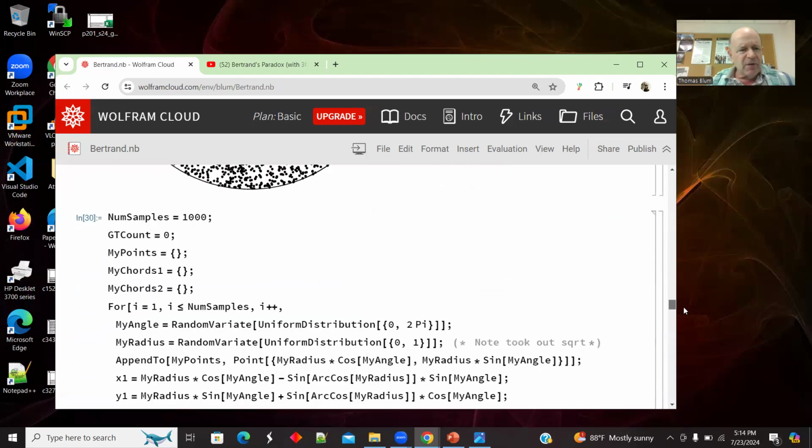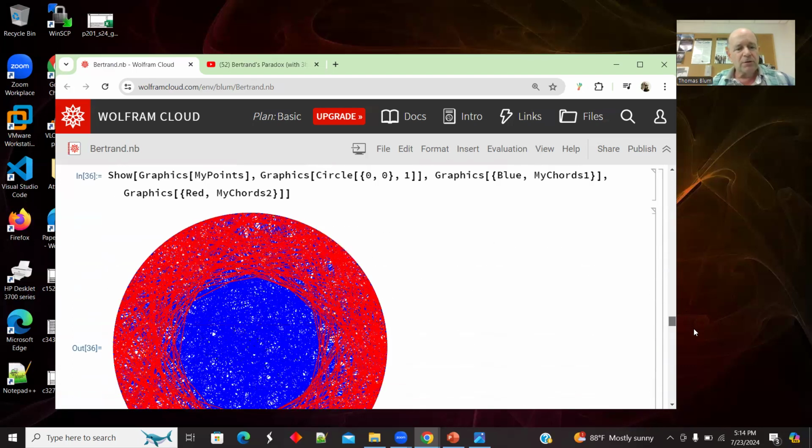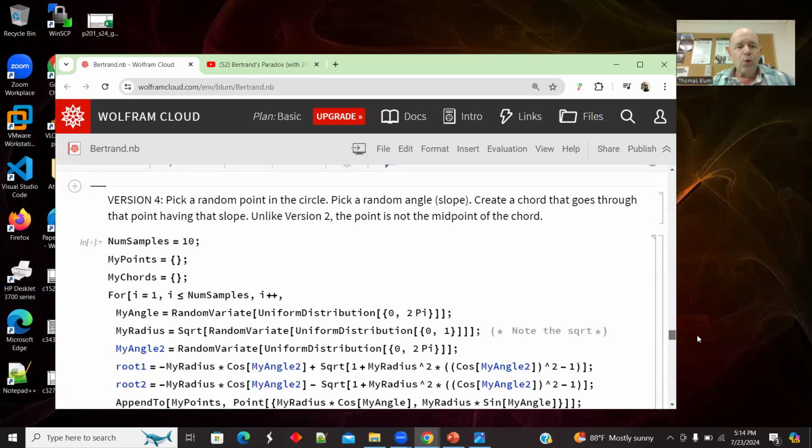What I decided to do in my version 4 was pick a point and then pick another angle. So I'm picking a radius and an angle to pick a point, and then I'm picking another angle, which will be the slope of the chord.